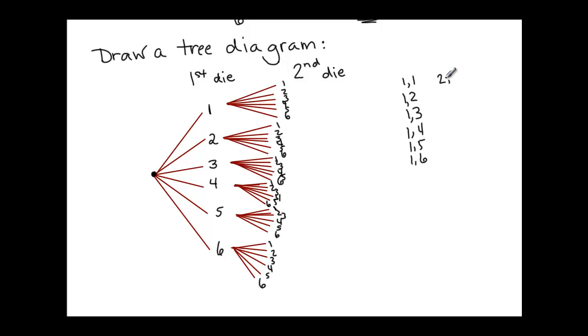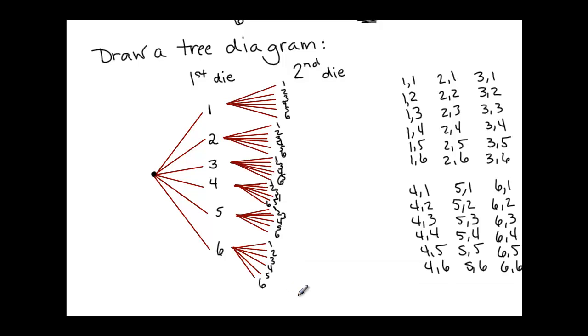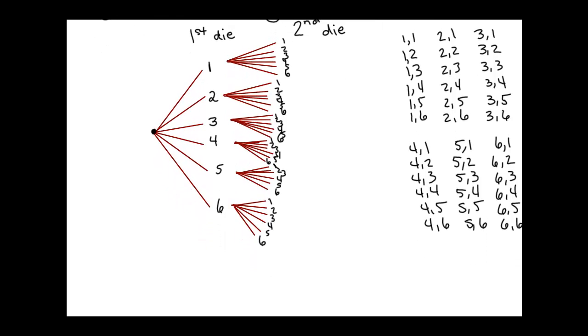So the next set of outcomes would be 2,1, 2,2, 2,3, 2,4, 2,5, and 2,6. And then we would continue on and list all of the different outcomes. So as you can see, I've gone through each one of those branches and listed all of the separate outcomes. And what you should have is a total of 36 different outcomes.